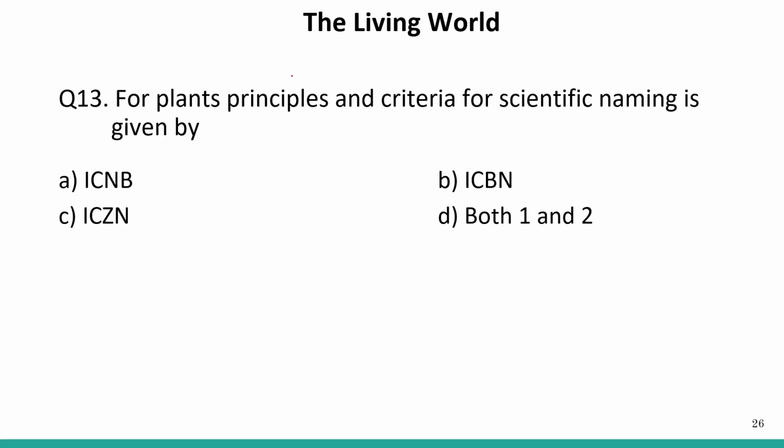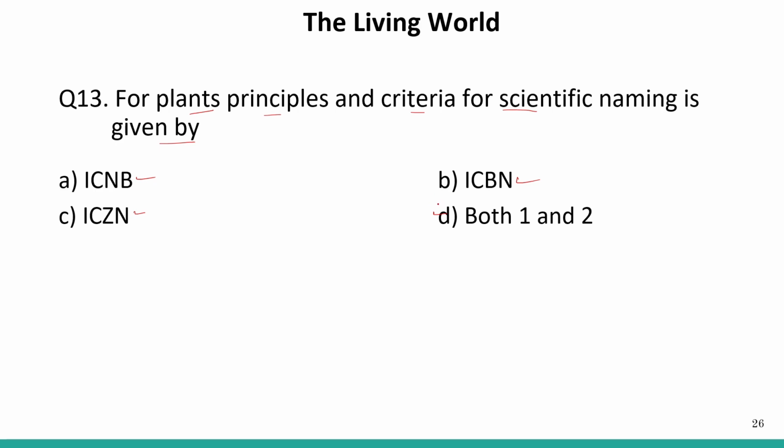Now let's come to the next question, which is, for plants, principles and criteria for scientific naming are given by. Option A is ICNB, option B is ICBN, option C is ICZN, and option D is both 1 and 2.